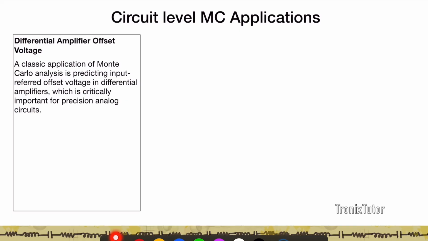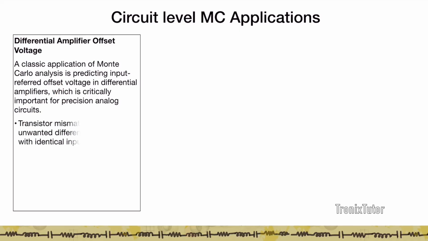For analog, a very common use case would be the offset voltage in a diff amp, right? And we've seen before that this offset voltage is critical because it is an error in the diff amp. Ideally, you assume the differential pair to be balanced, so any input voltage difference automatically appears at the output. But if there's already a built-in input offset voltage, then that's going to affect your output voltage.